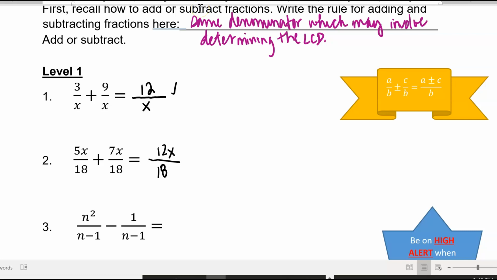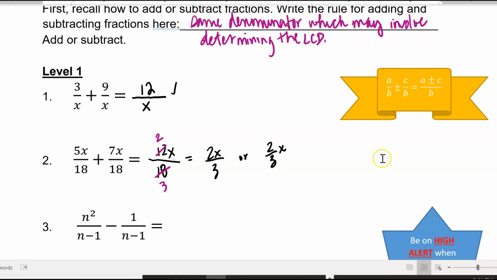Well, definitely 6 can go into both 12 and 18. 6 divides into 12 2 times, and 6 divides into 18 3 times. So our final answer here is 2x over 3. And 2/3 x off to the side means the same thing. Just want to make sure you understand that 2x divided by 3 is the same thing as 2/3 times x.